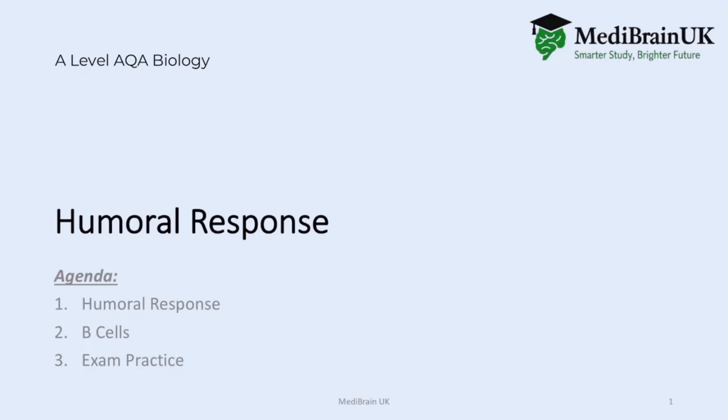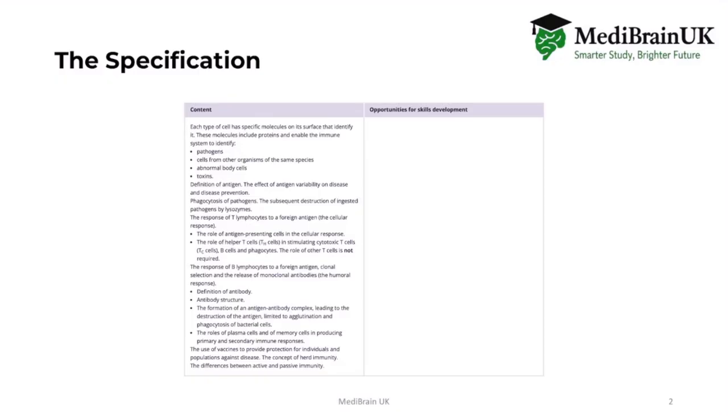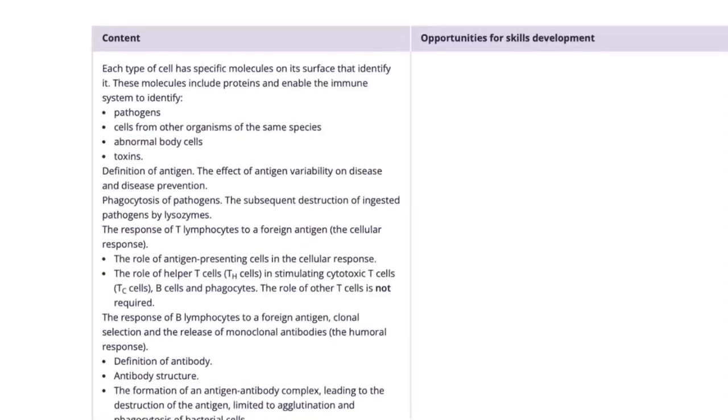Okay, so we're going to start off by again looking at the specification. So far in this area of the specification, we looked at antigens in our first lesson, how you define an antigen. Remember, an antigen is just a foreign protein which stimulates an immune response.